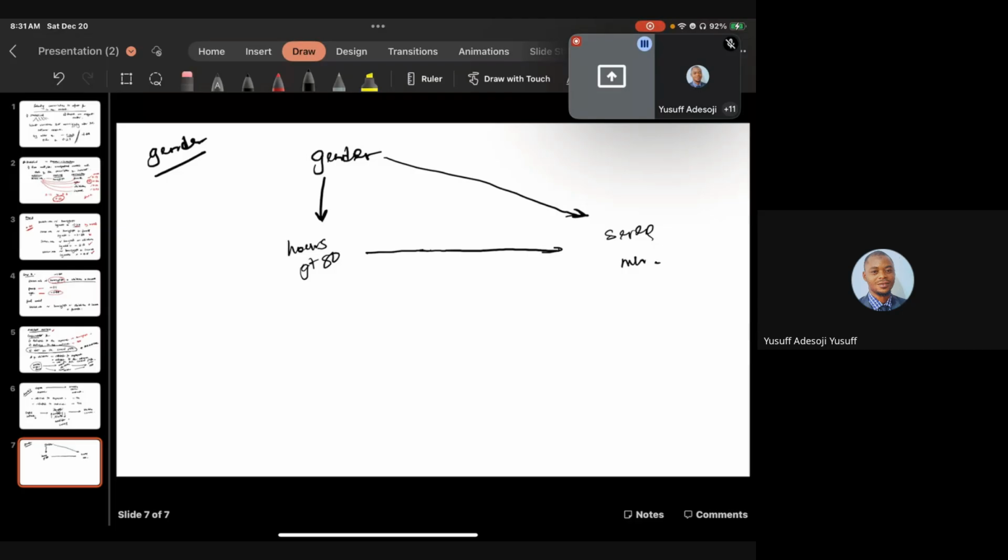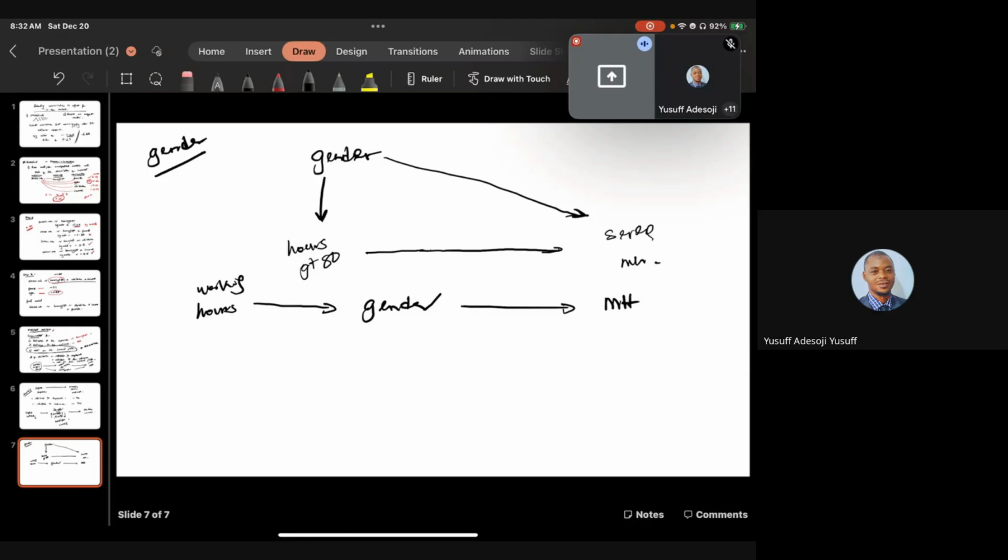The third criterion is whether it's on the causal pathway. And so you have to ask yourself, based on everything that we've talked about, do you think that working longer hours, okay, affects a person's gender, which then affects their mental illness?